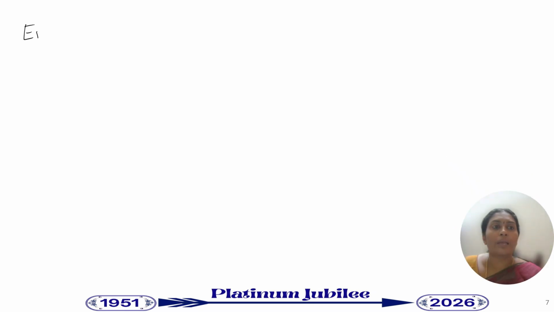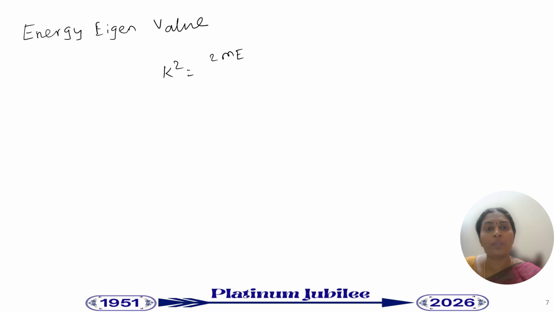Now we are going to calculate the energy eigenvalue of this particle which is confined in this one-dimensional potential box. We know that k square is 2m E by h cross square, and we know that k is equal to n pi by a.